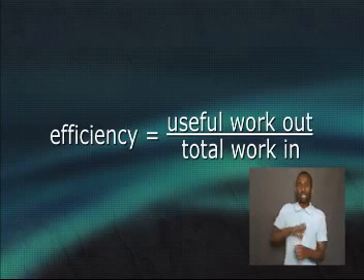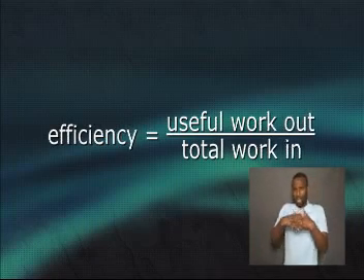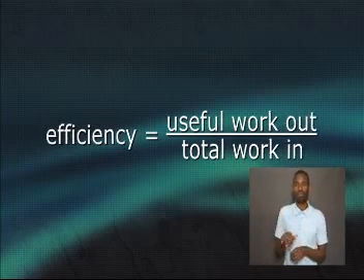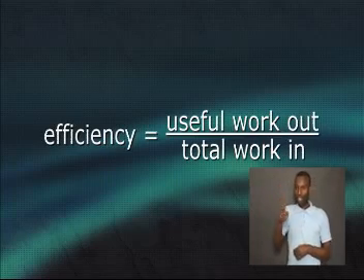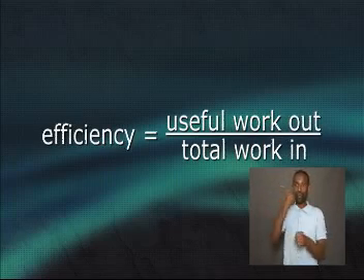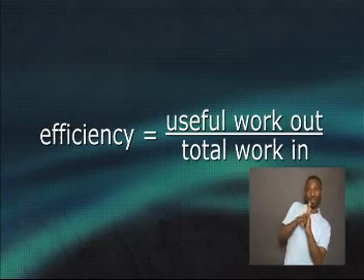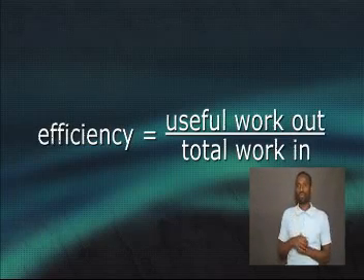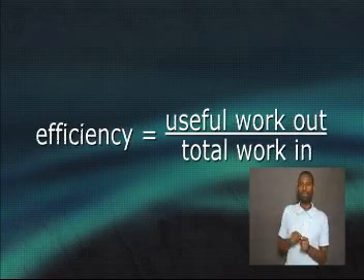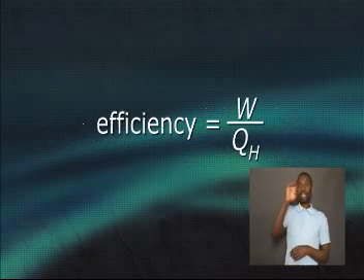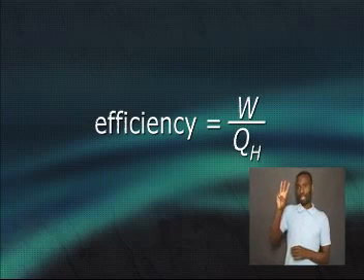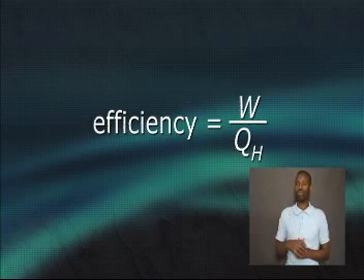The energy into the engine is expressed as QH, and the useful work is represented by W. Thus, we may express our equation as efficiency equals W over QH.